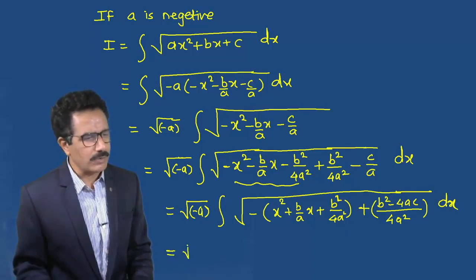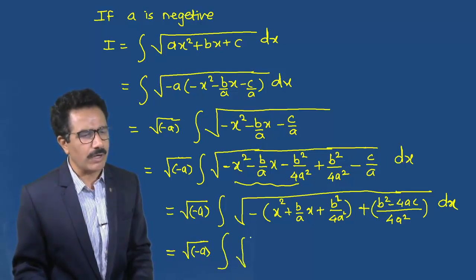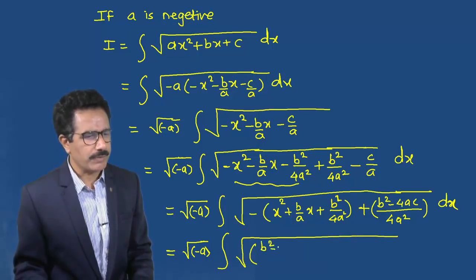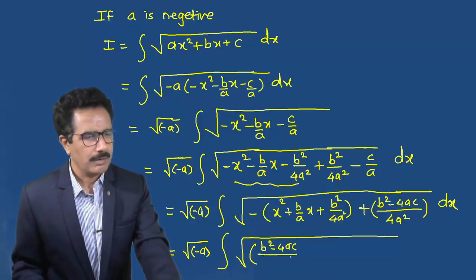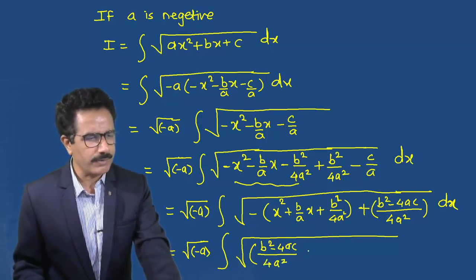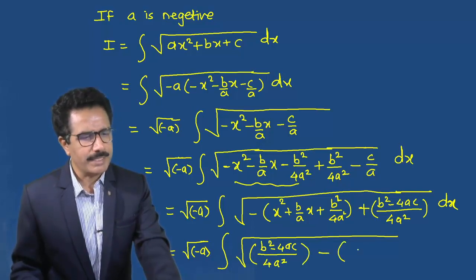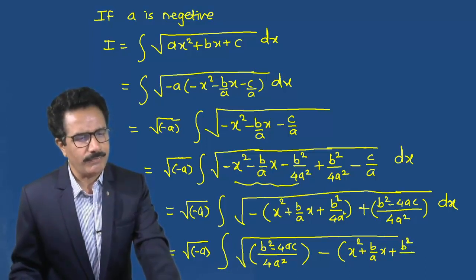So we can write root of minus a integration of root of b square minus 4ac divided by 4a square minus x square plus b by a into x plus b square divided by 4a square.